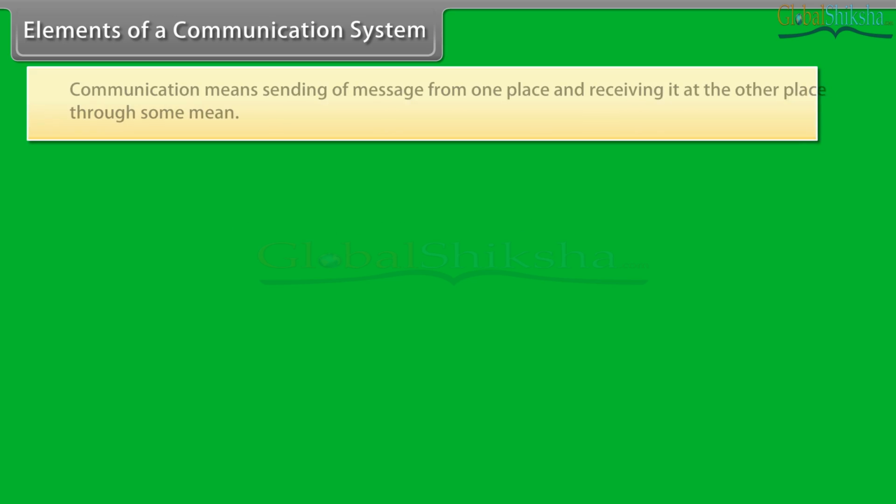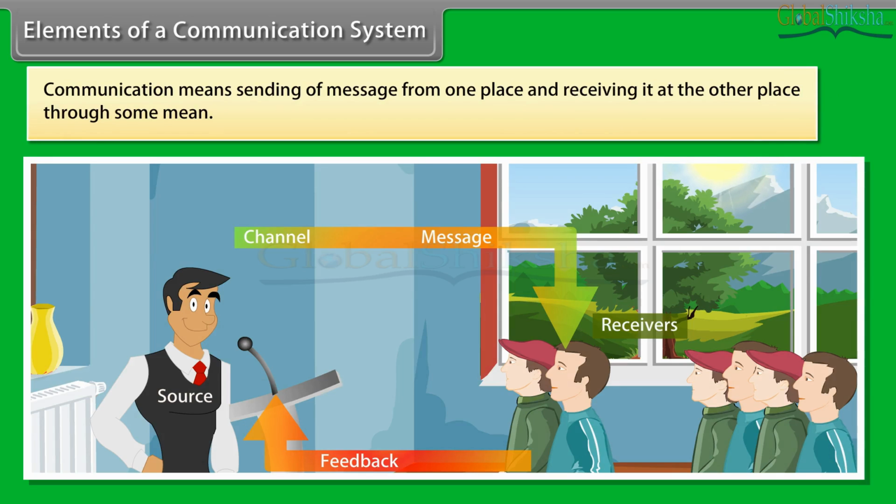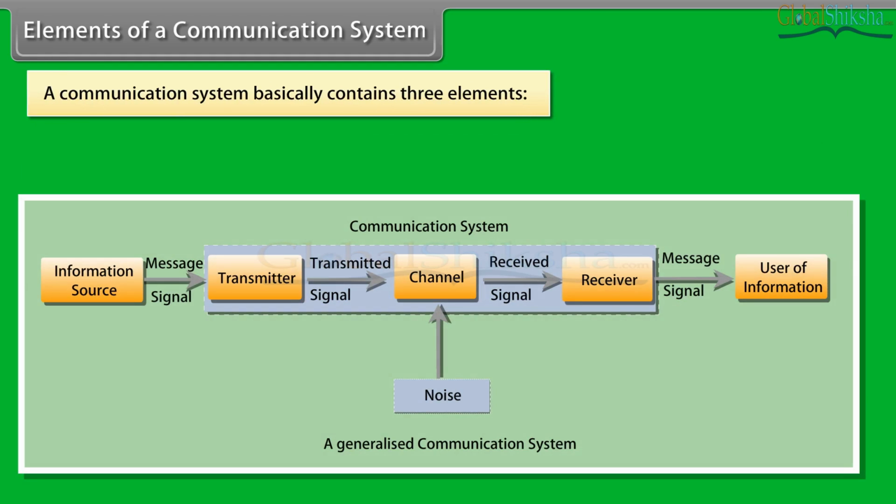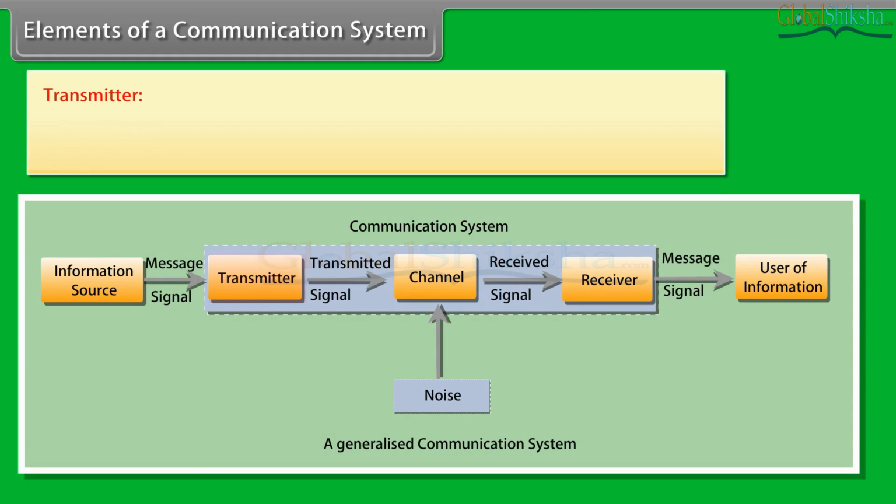Elements of a communication system. Communication means sending of a message from one place and receiving it at the other place through some mean. A communication system basically contains three elements. Transmitter.